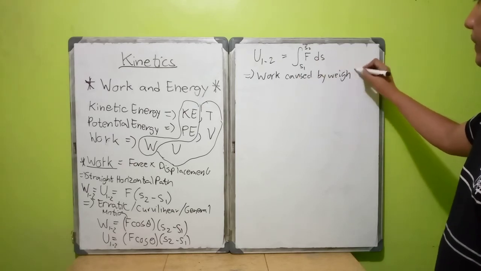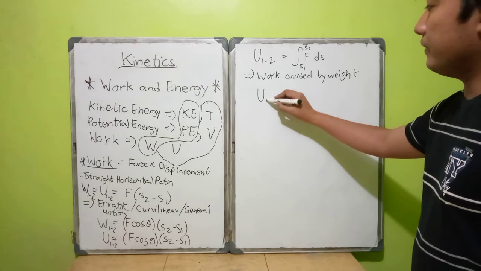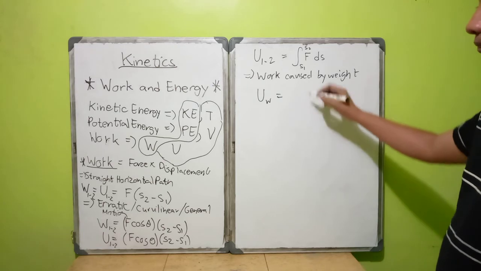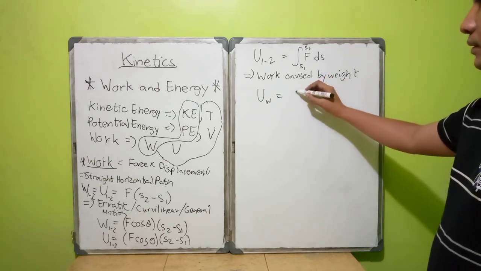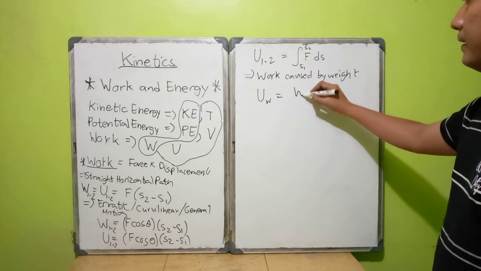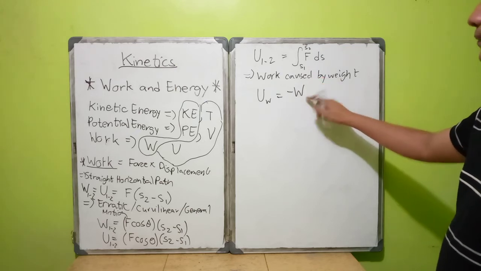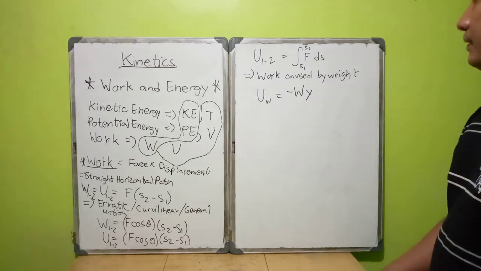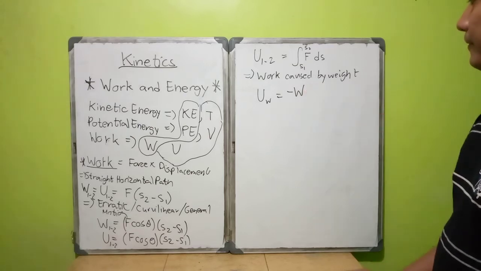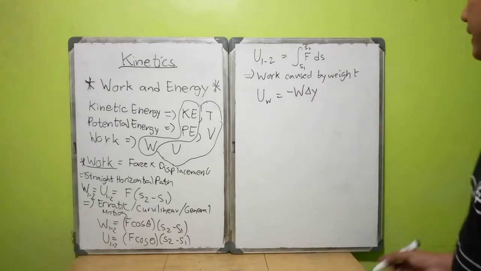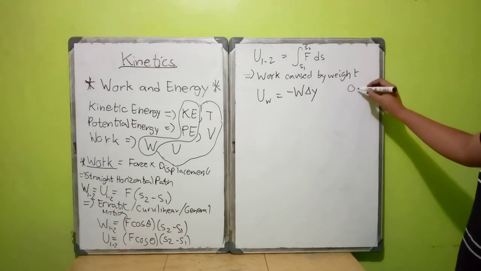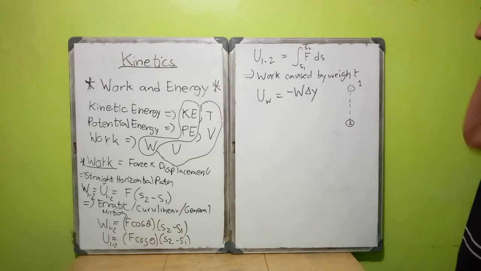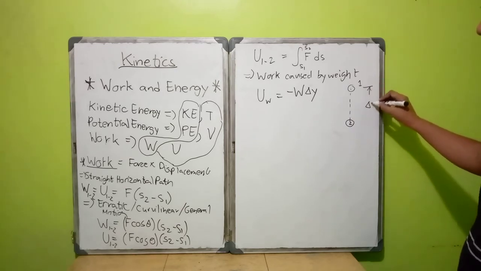Your work caused by weight, let us say UW, is equivalent to negative weight times the change in Y. If the object travels from position 1 to position 2, there is a change in position.